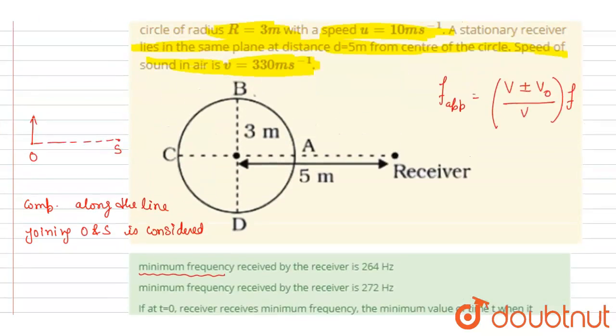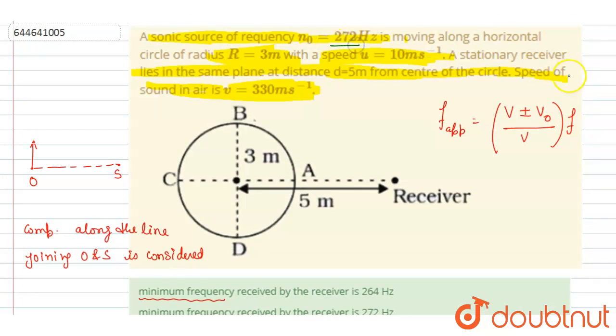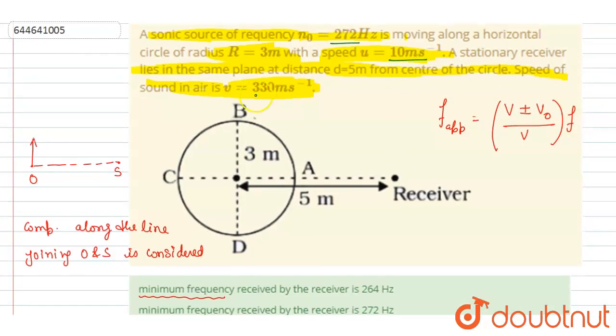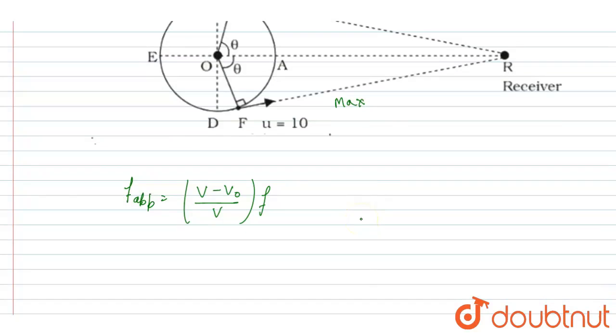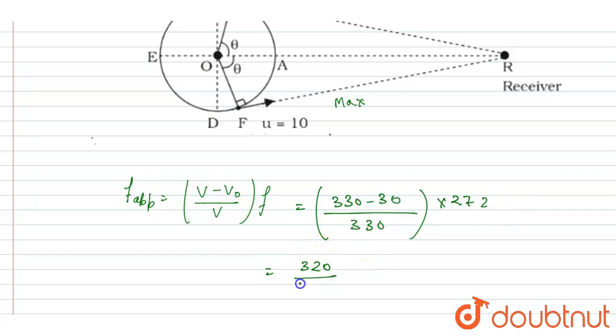The original frequency is 272, this is 10, and the sound velocity is 330. So I will write 330 minus 10 by 330 into 272. Basically you will write 320 by 330 into 272.